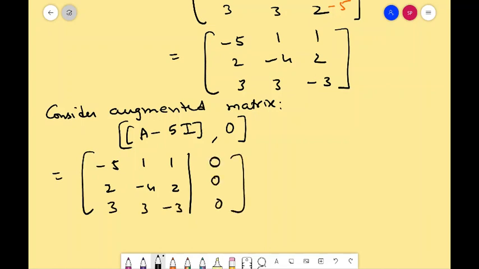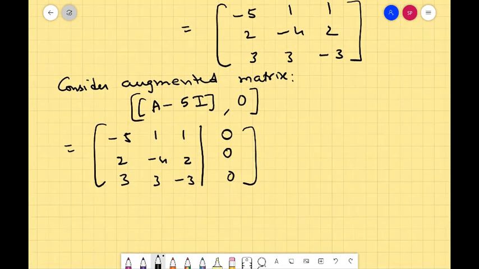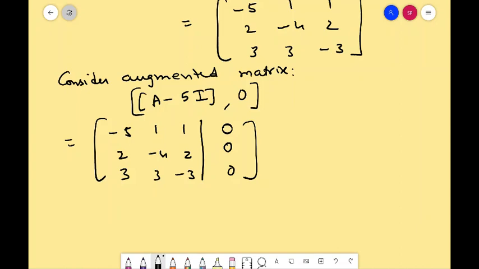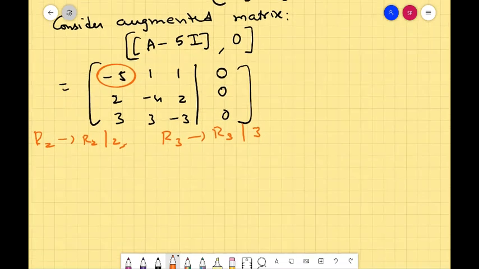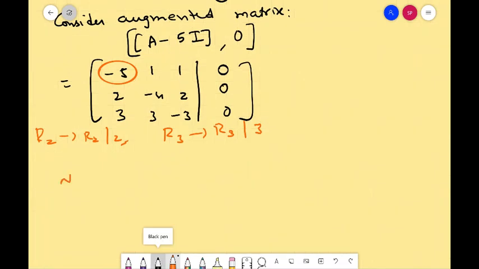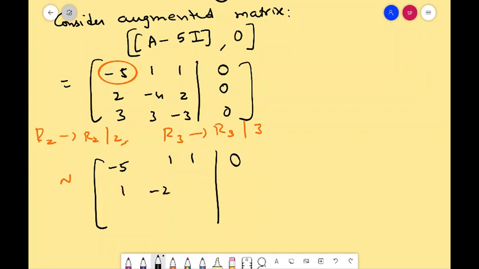Now reduce it to echelon form. First, divide R2 by 2 and R3 by 3. This will be transformed to minus 5, 1, 1, 0; 1, minus 2, 1, 0; 1, 1, minus 1, 0.